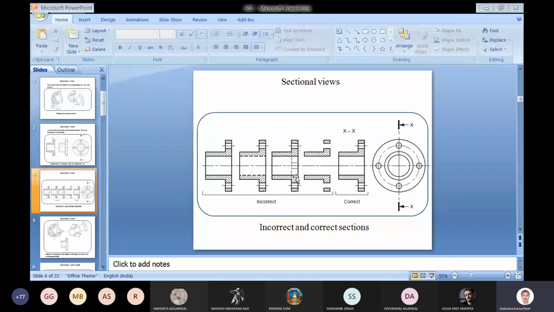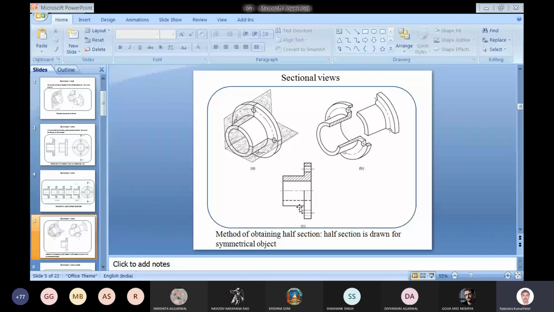Here in this case, you can see there are two cutting planes. One cutting plane is this vertical one, the other is the horizontal cutting plane. If they cut the object like this, 1/4 of the object can be removed. So this part will be left where 1/4 is removed.